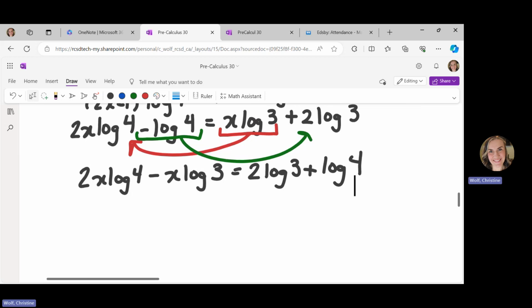Well, if you did use the rules here, this would go back as an exponent, this would go back as an exponent, this would go back as an exponent. It wouldn't really get us anywhere. You want to divide by x? If I divided by x here and divided by x here, I have to be fair and divide. Now you have an x in the denominator. You just made your life way worse.